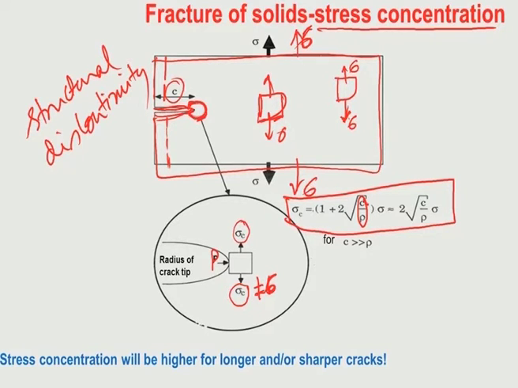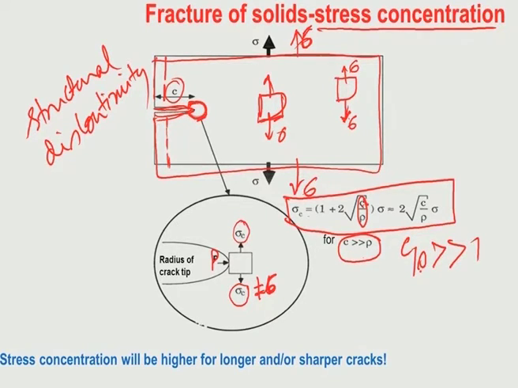Now, if a crack is very sharp, then c is much larger than rho. In other words, if the crack is long or sharp, then c by rho is much greater than 1.